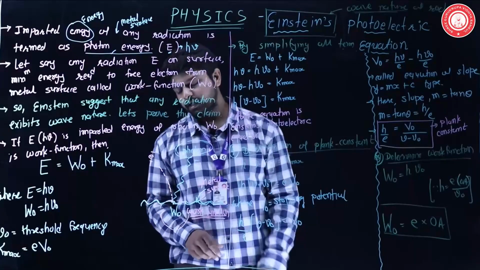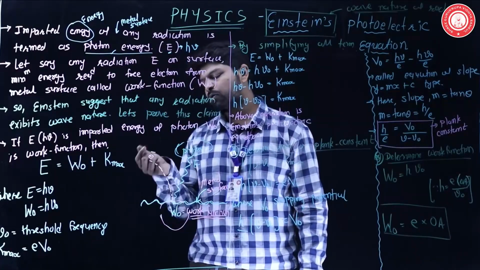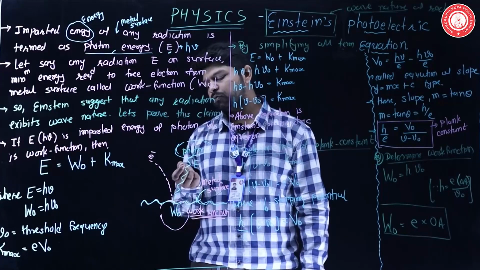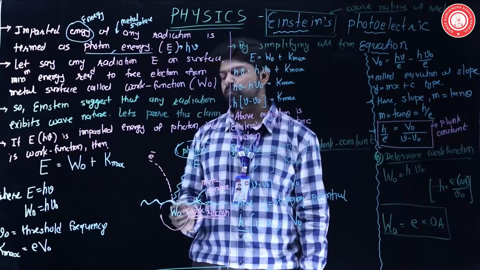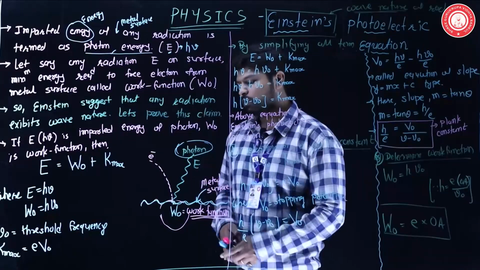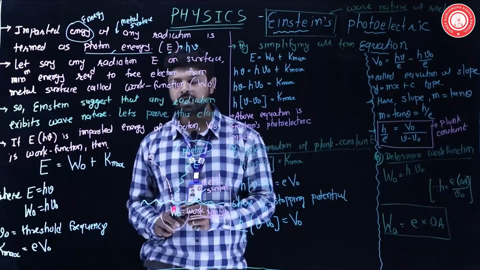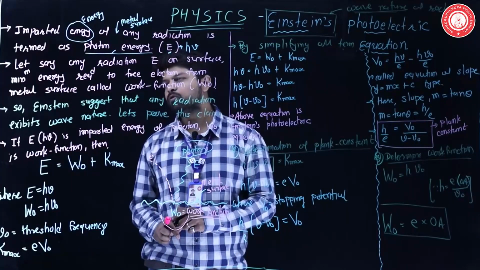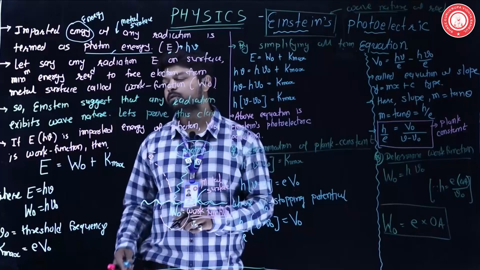Which means if I would like to free a single electron, that single electron must be the first electron from this metal surface. So, it is necessary to have a basic energy, a required amount of energy, which is said to be work function.